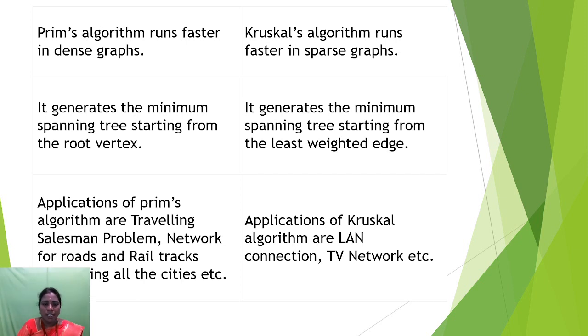These algorithms help to find the shortest path for salesmen and networks for roads and railway tracks. Wherever we need to find the shortest path, we can go for Prim's algorithm and Kruskal algorithm.